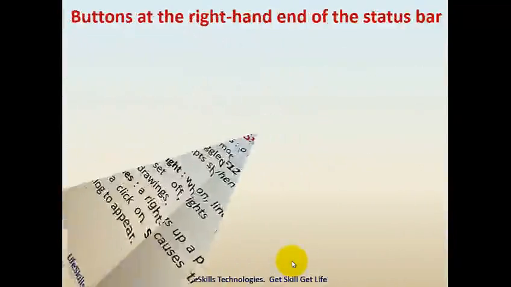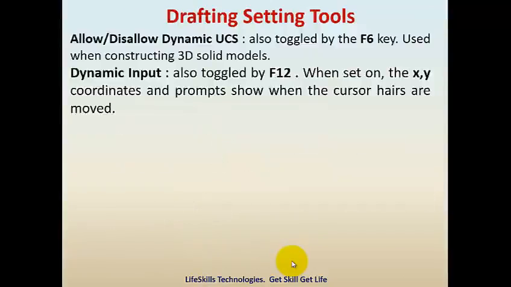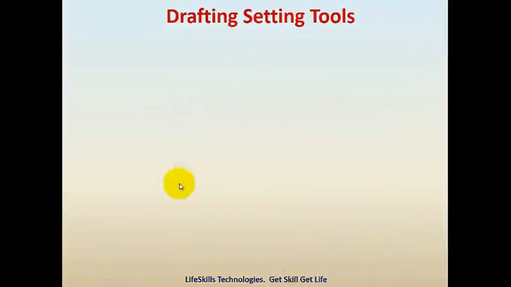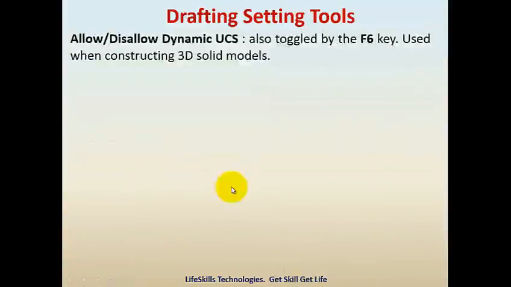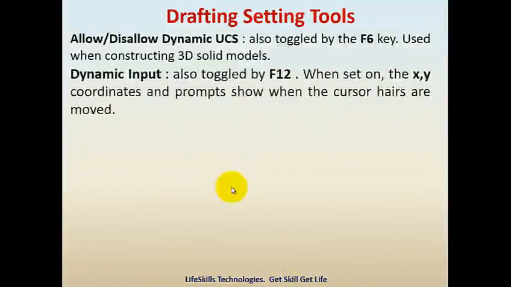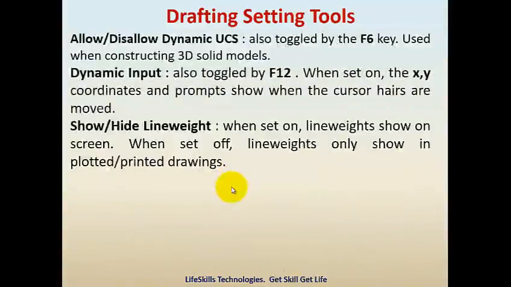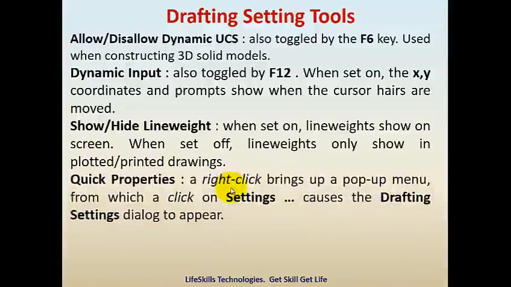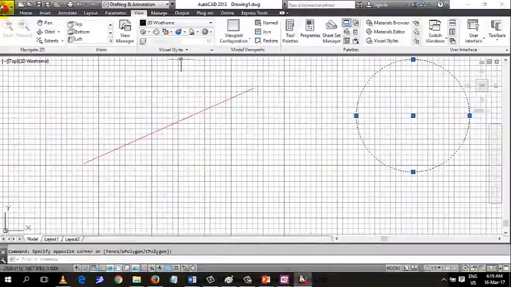So like snap mode, grid display, ortho mode, polar tracking, object snap tracking, object snap, then object snap tracking. We also have allow or disallow dynamic UCS, dynamic input, show or hide line weight. Anyway, this note is available to you, but this is a practical thing.